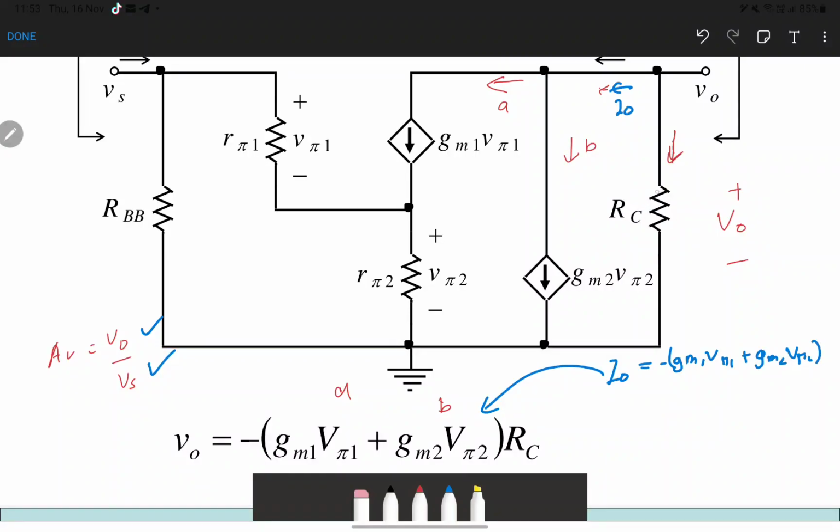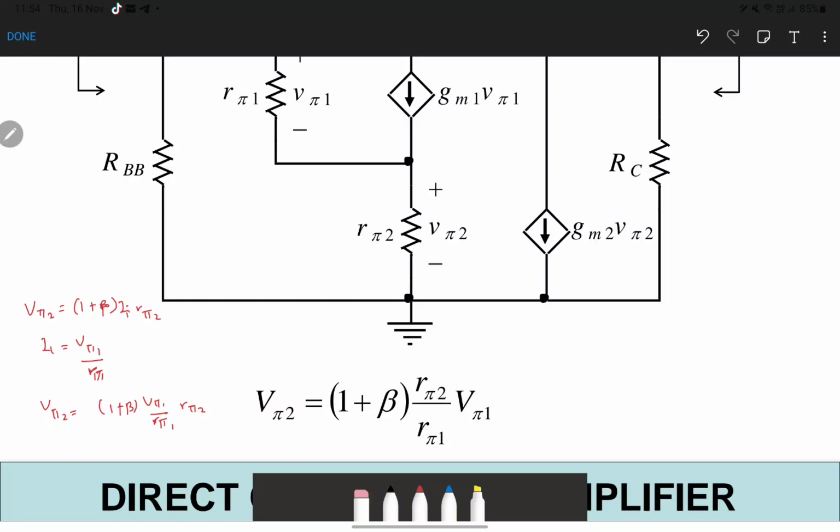The current into the RC is equal to I out. I out is equal to current at point A plus current at point B. So current at point A is GM1 V pi 1, and current at point B is GM2 V pi 2. So we total it up, and then we replace into the equation times RC.